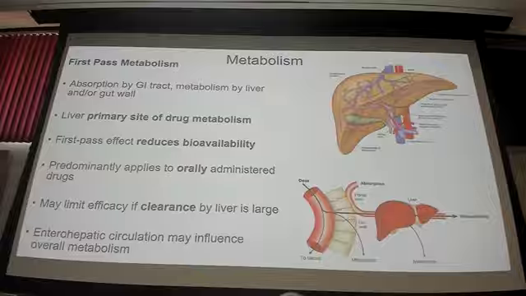The amount that's left over is the bioavailable drug. And so that also is a predetermined value for each drug. And as I mentioned last class, some drugs have a very low first pass effect, like ibuprofen. First pass effect is only 10%, so 90% of the dose that you're given is available for most patients.